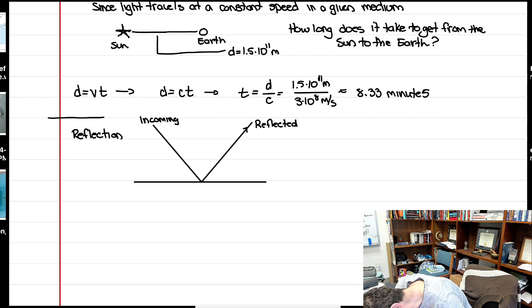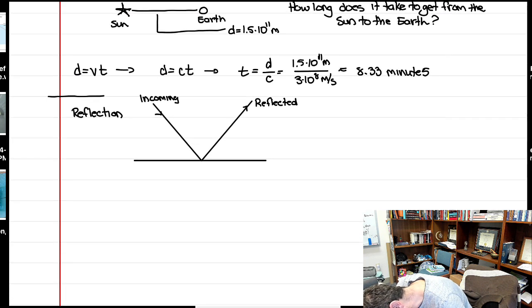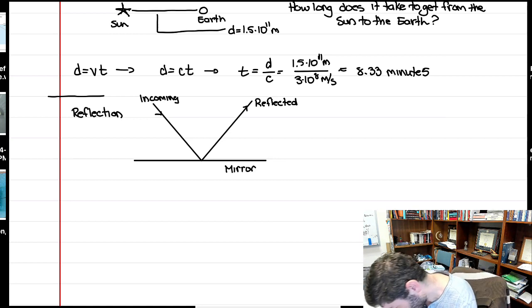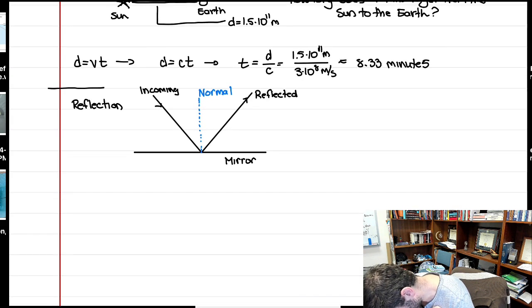We'll put some arrows to help show that. Here's the mirror. I'm going to define my normal as perpendicular to the mirror. So again, I'll erase this after, so I don't want this to be too messy, but notice that there's a 90-degree angle between the mirror and the normal.